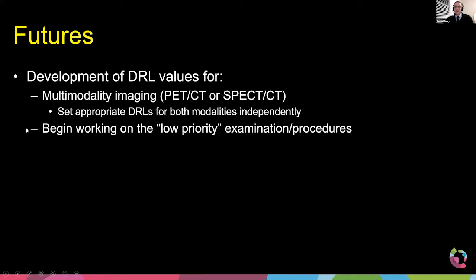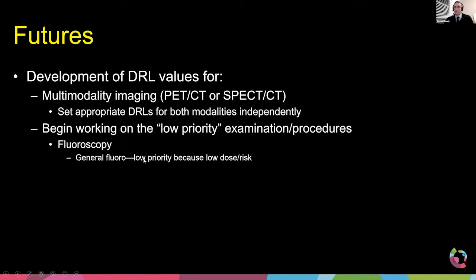Now that you've established your most common examinations for most of these modalities, it's time to start looking at some of your low priorities. This is where, for example, in fluoroscopy, you can start to ask yourself about general fluoro.